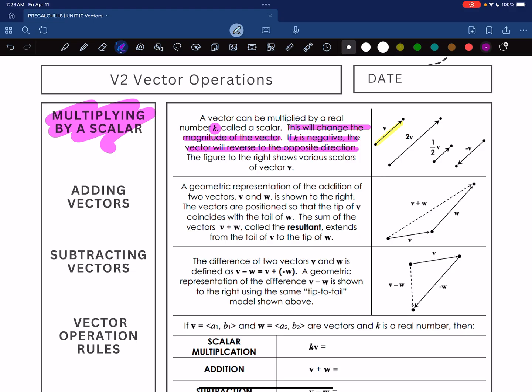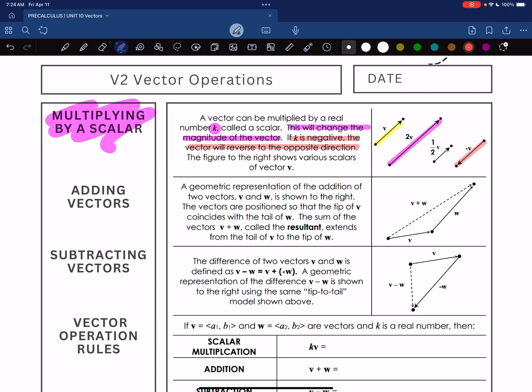Now when we multiplied it by 2, notice what happened. The magnitude is that it is twice as long. And let me actually do this in a different color. Let me grab red. If k is negative, then it's going to take it into the opposite direction.